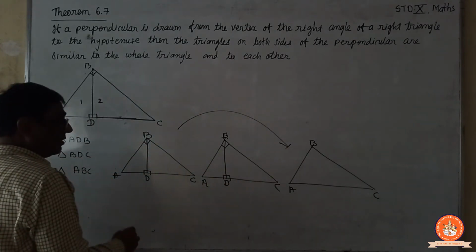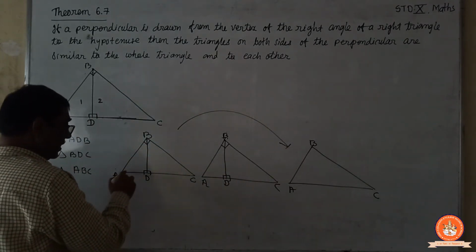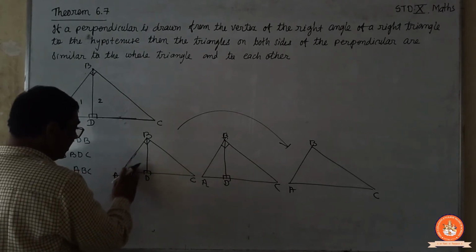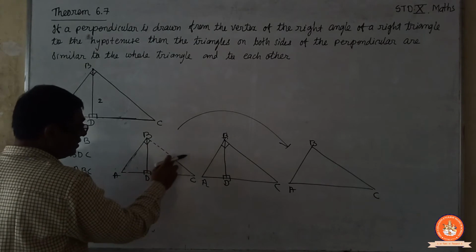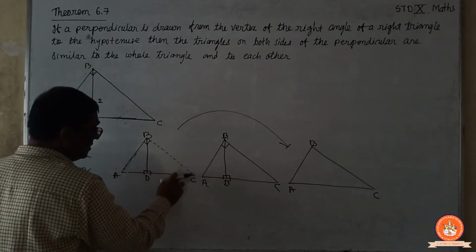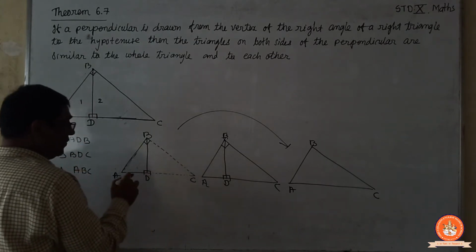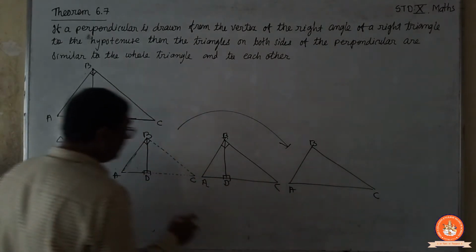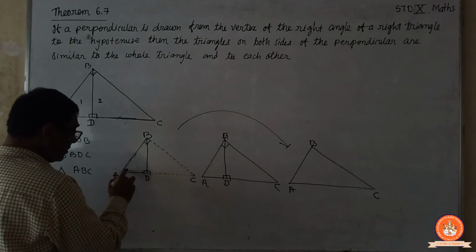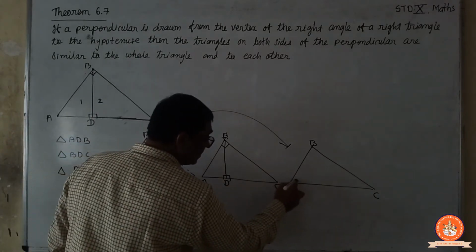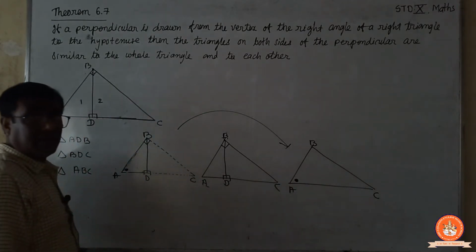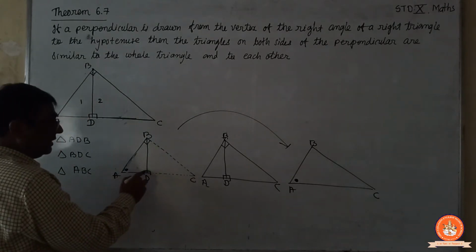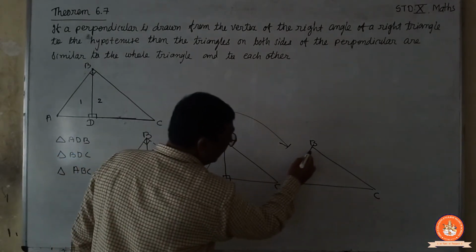So how is it possible? Look at it. We have to prove ADB with ABC. One angle is common in both: angle A is equal to angle A. And angle D is a right angle here, whereas angle B is a right angle here.